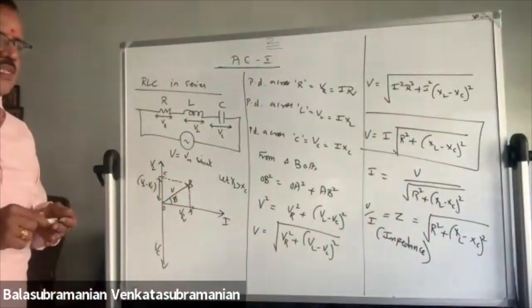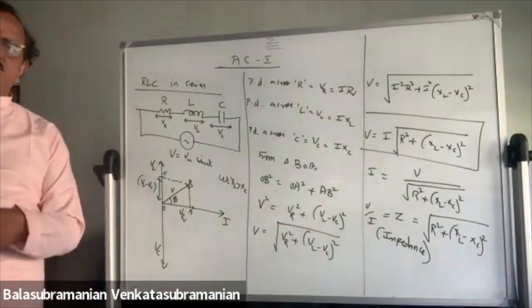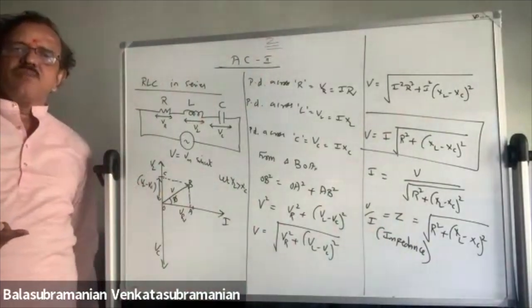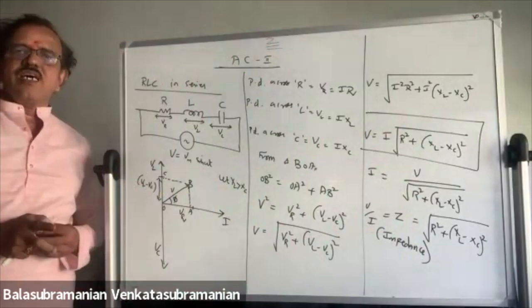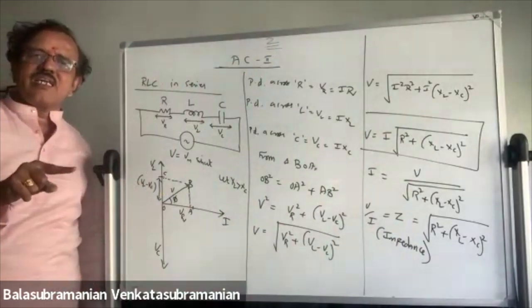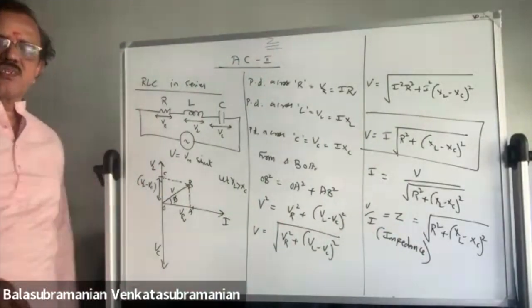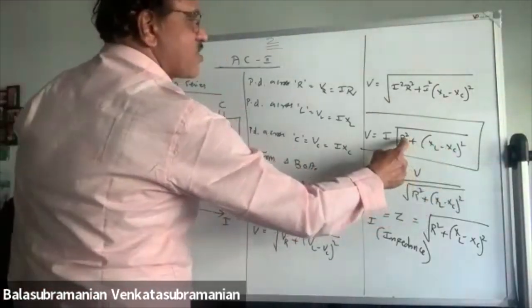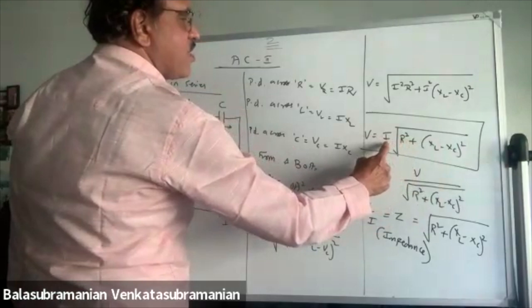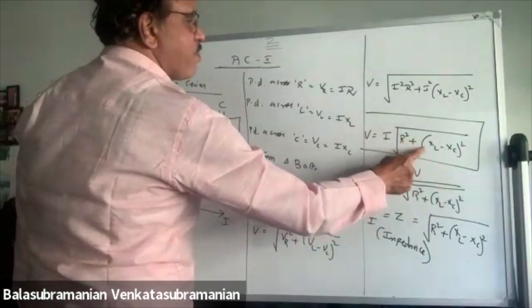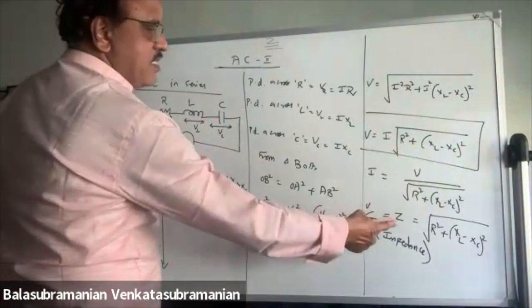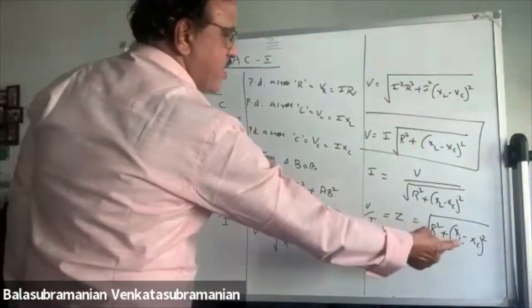Sometimes they will ask to calculate the resultant voltage and resistance for an LR circuit. LR circuit means inductance and resistance only, no capacitance. Simply ignore this XC value. V is equal to I into root of R square plus XL square. Here, Z is equal to root of R square plus XL square.